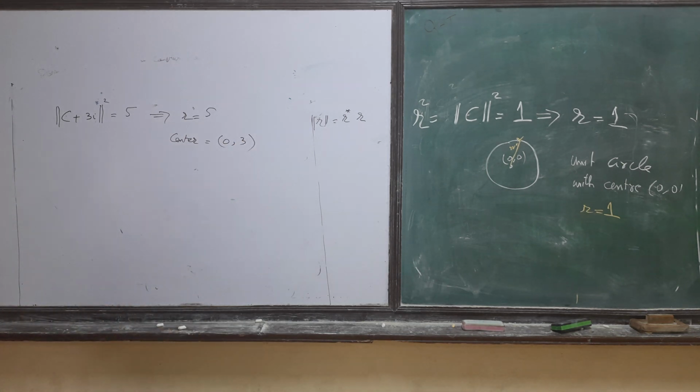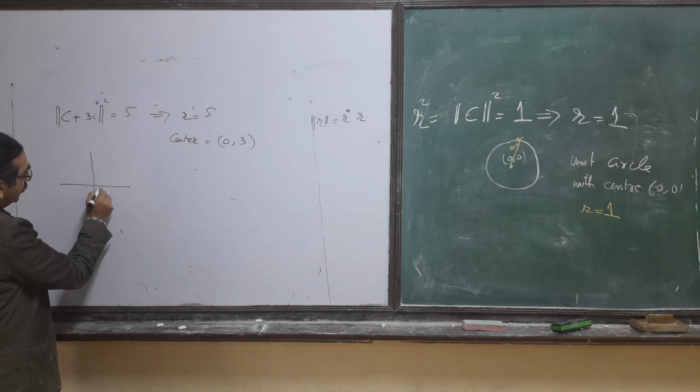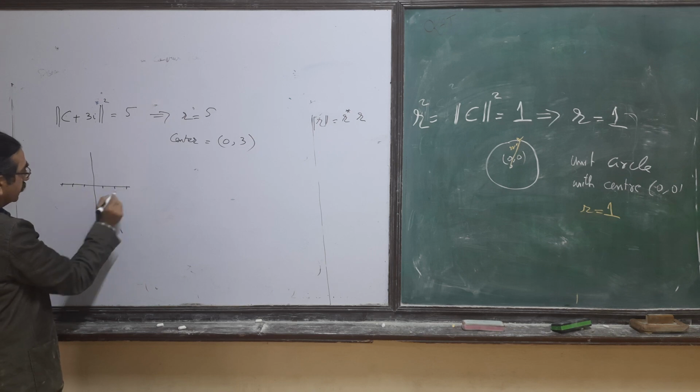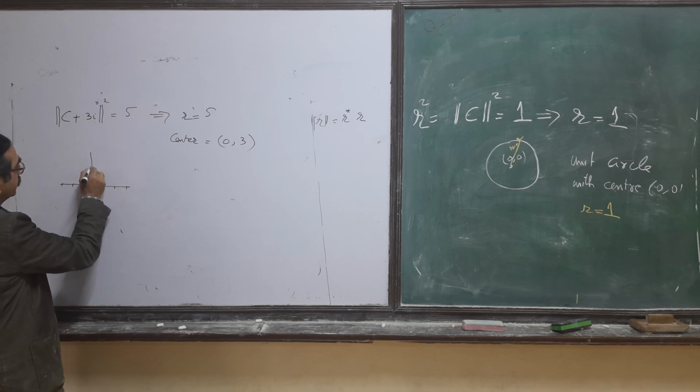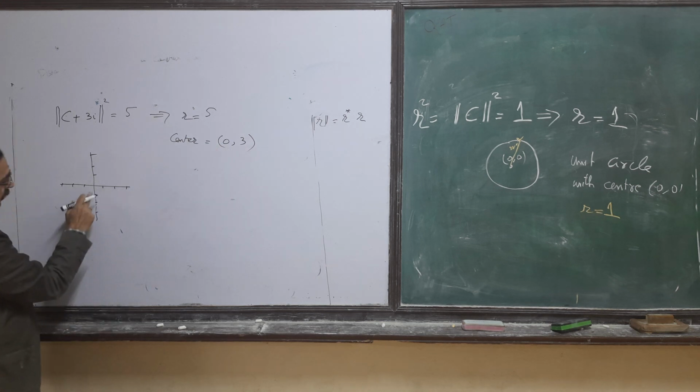Okay, in this case 0, 1, 2, then 0, 1, 2, 3, so this will be 0, 3.